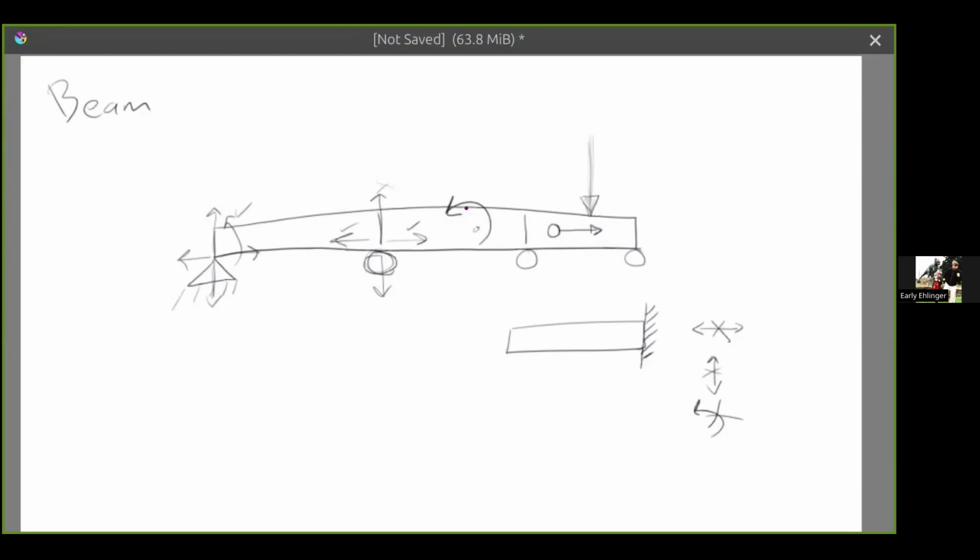Now, if we look at it, obviously we're analyzing it here in effectively 2 dimensions, but in reality, any beam is going to be a 3-dimensional object. And that pin might, if it were a real thing, actually come through the structure and be held up. And your forces kind of come down into the structure like this.